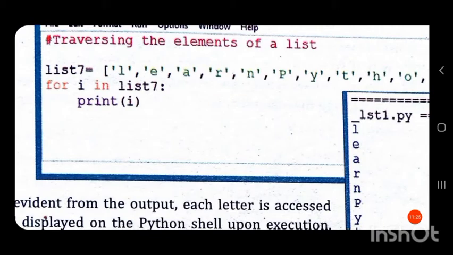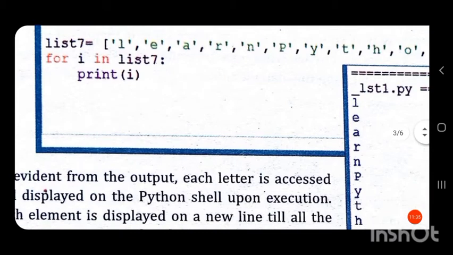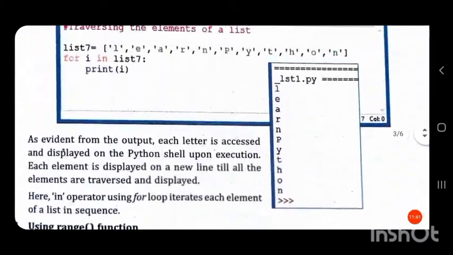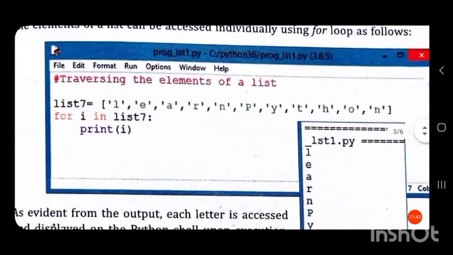In the for statement, we have studied that it can be written using either a sequence or a range function, like for I in range. Here we are iterating with the help of a sequence called list, because we want to access each element in a list.